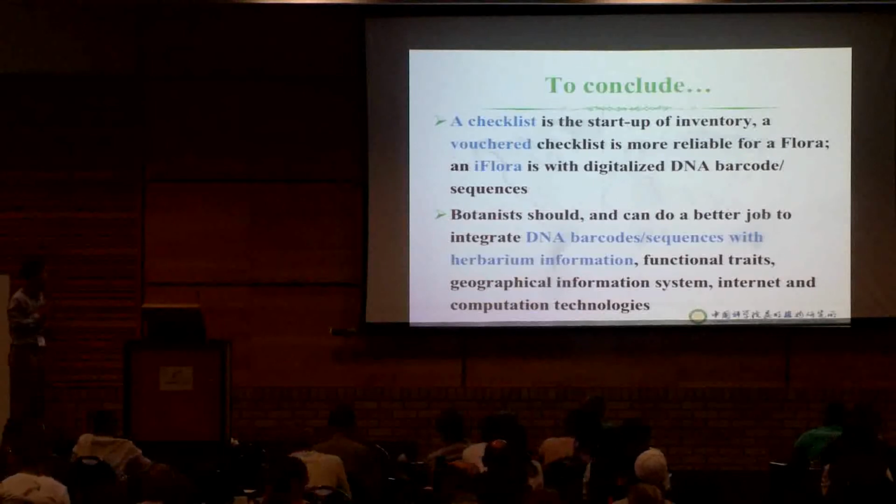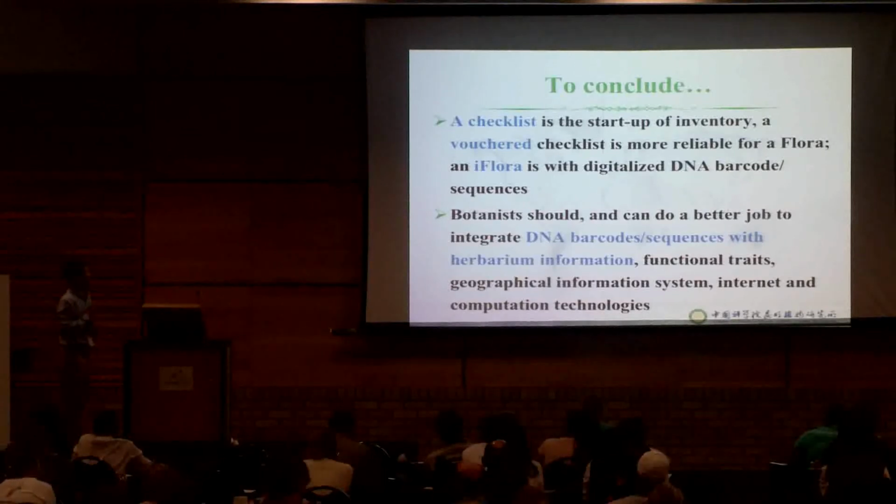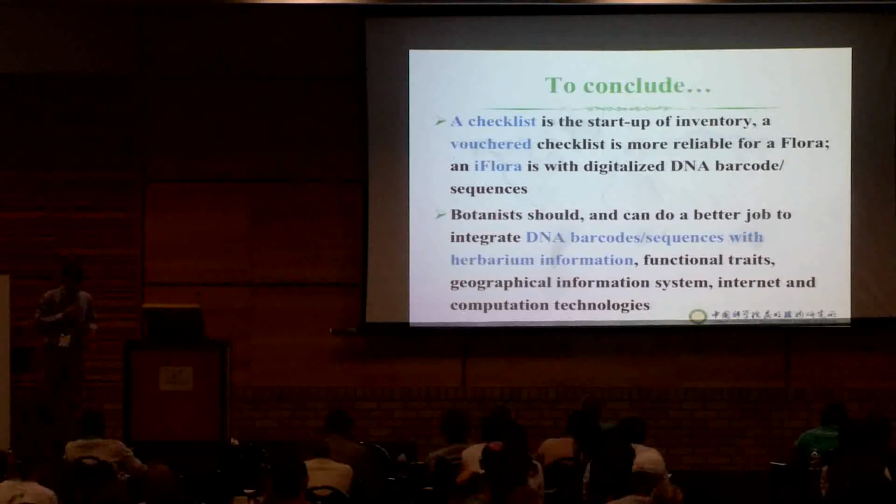So I think the botanists should and can do a better job in integrating DNA sequence data with Herbarium information, and of course functional traits, geographical information systems, internet, and computer technologies.